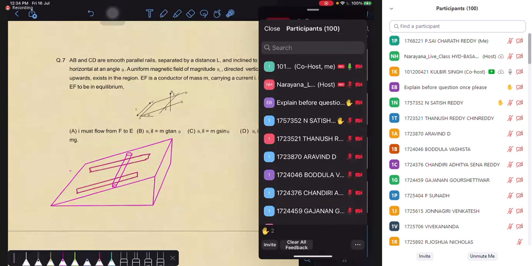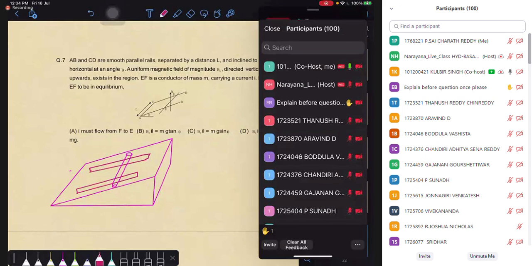So in this question, this is my inclined surface, with an inclination angle theta. On this inclined surface, you have put two parallel rails. These rails are basically metallic rails, and you can pass current through them.